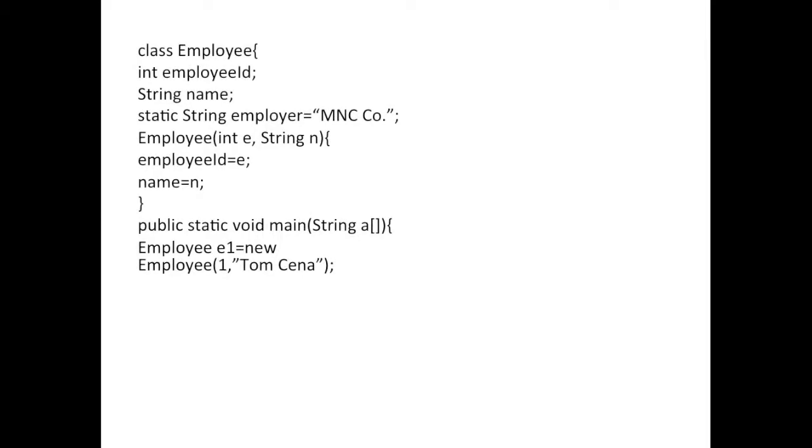So we would be trying to understand this with the help of an example. Class Employee, int employeeID, String name, static String employer, followed by a constructor, followed by a main method. Now in the main method we would be creating an instance of an object, E1. So we would be trying to understand this with the help of a pictorial view.